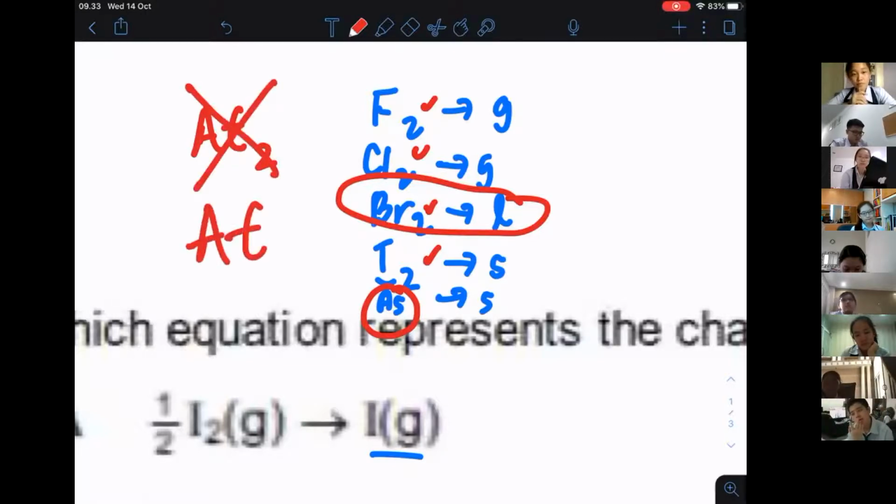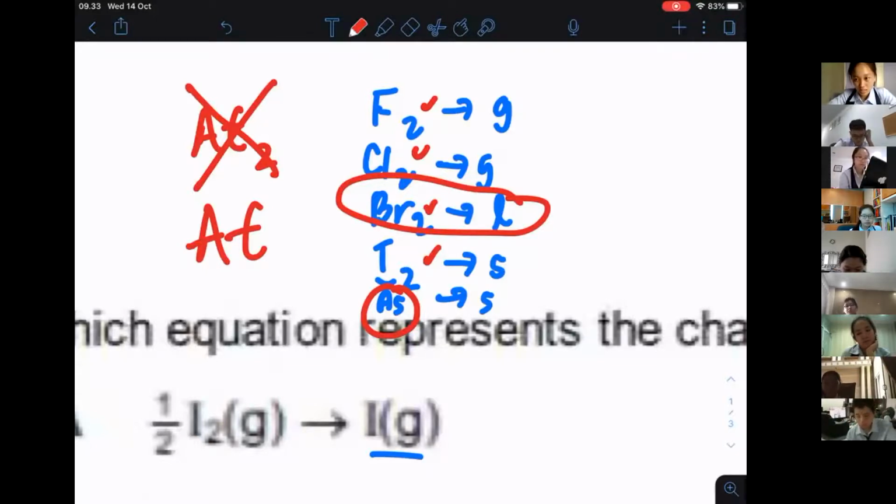They exist in this way, S8 alone. There are certain situations where certain elements behave in a more stable way. Like for example, S8 will be S8. Iodine will be I2, cannot be I alone. So that is under the standard condition.